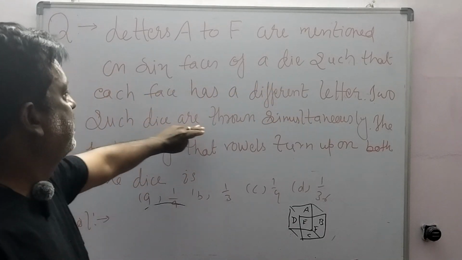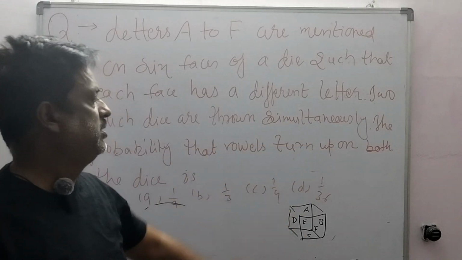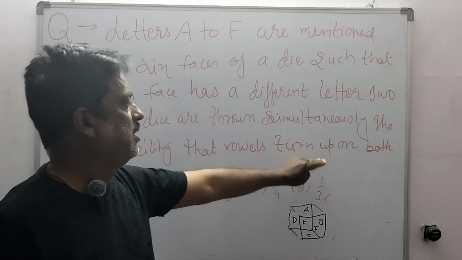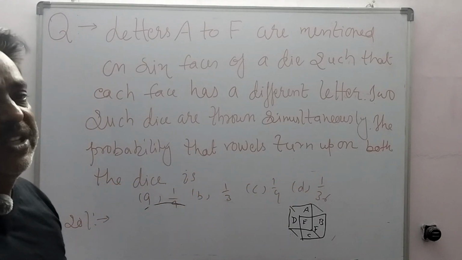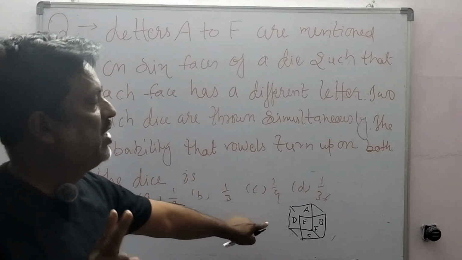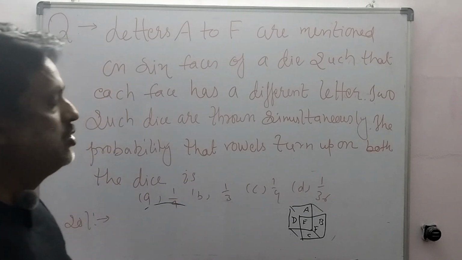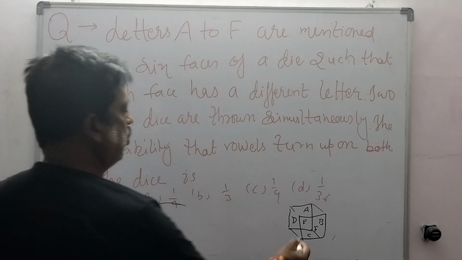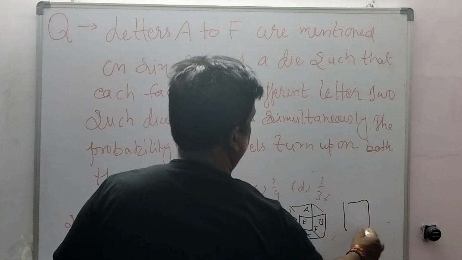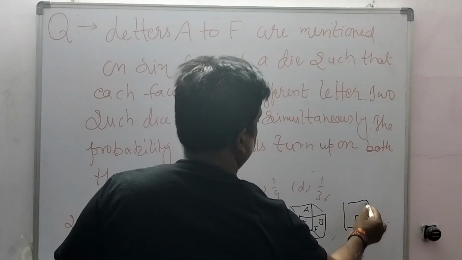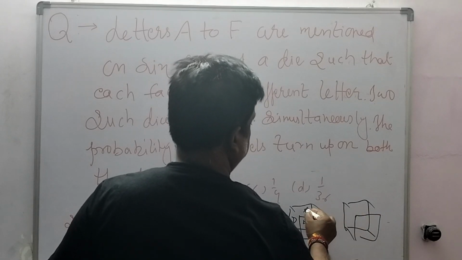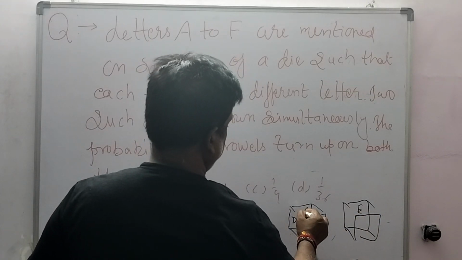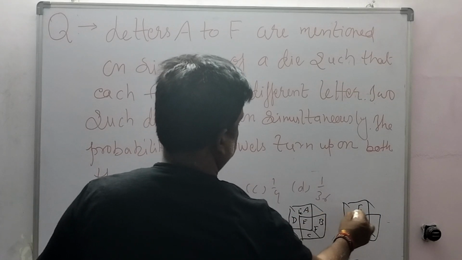Two such dice are thrown simultaneously. We have to find the probability that vowels turn up on both the dice. Suppose this is A and this is E, or this is E and this is A, such type.